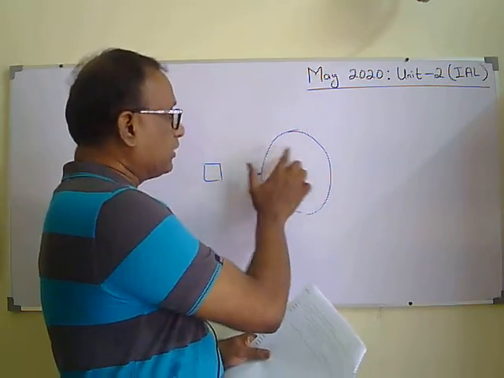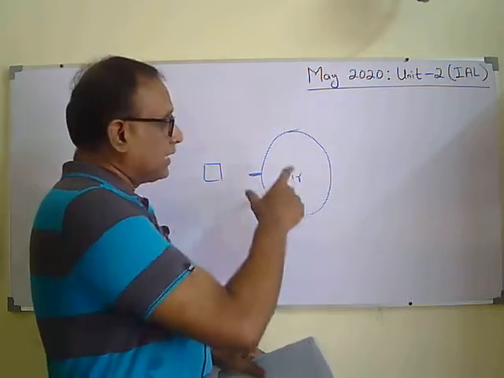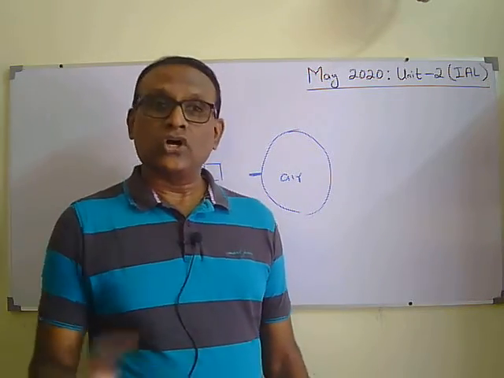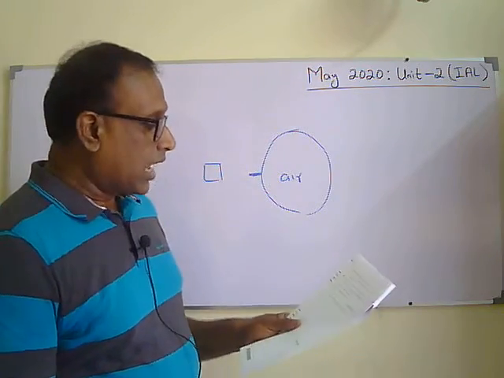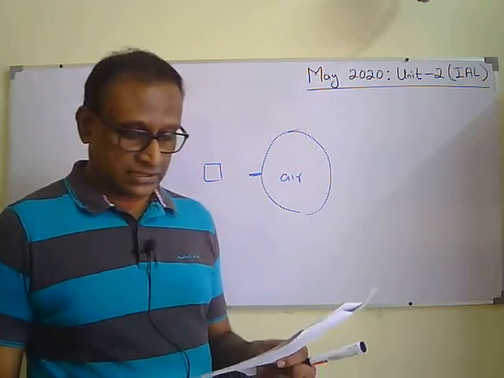The boundary is between flesh or muscles, whatever it is, and the lungs. This is air, so there will be a larger difference in density that will cause a large amount of reflection at the first boundary. So answer A: you can't use ultrasound to scan lungs.